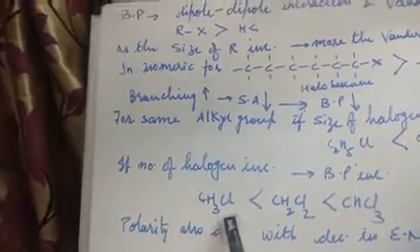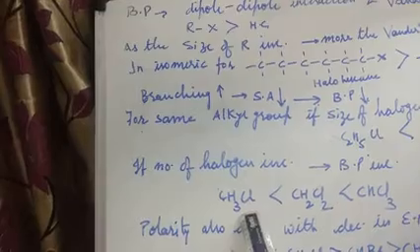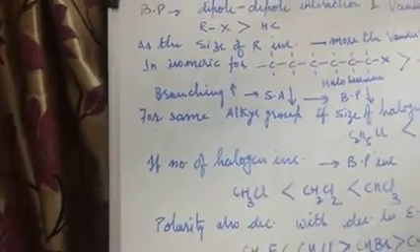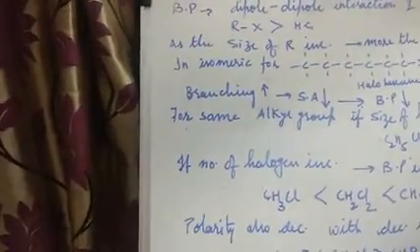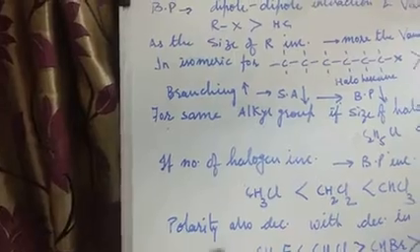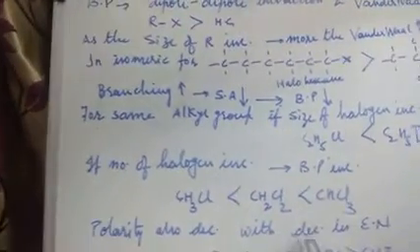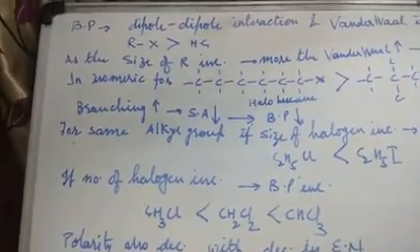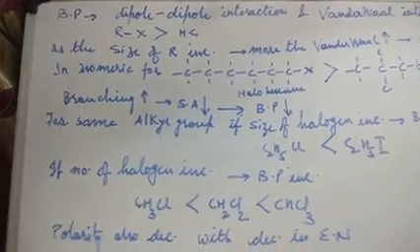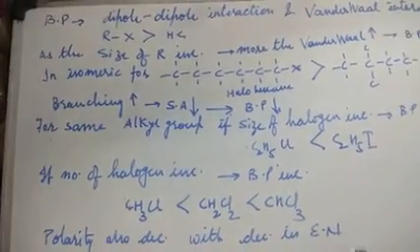Next, as we know that alkyl halides are polar, but the polarity of alkyl halide decreases with the decrease in electronegativity. Why are alkyl halides polar? Because of the electronegativity difference between carbon and the halogen.